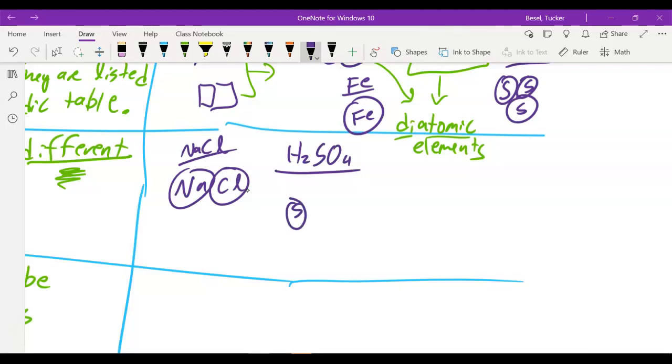So got the 1 sulfur, 4 oxygens. And then it doesn't matter really where we're putting these. There's a rule that you can follow, but it's not important. But I have some that are the same. Some of the oxygens are the same, but there's at least 2 different atoms in this compound, or in this molecule, so then that qualifies for that. And then here's just a more generic one.